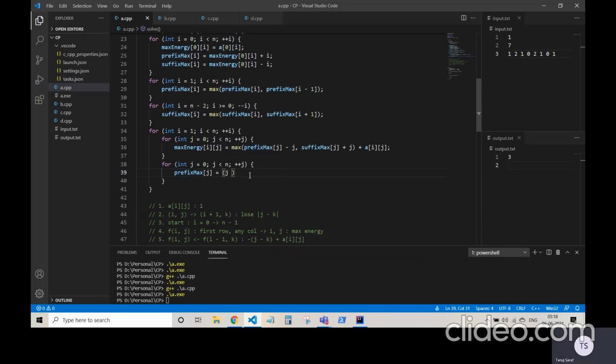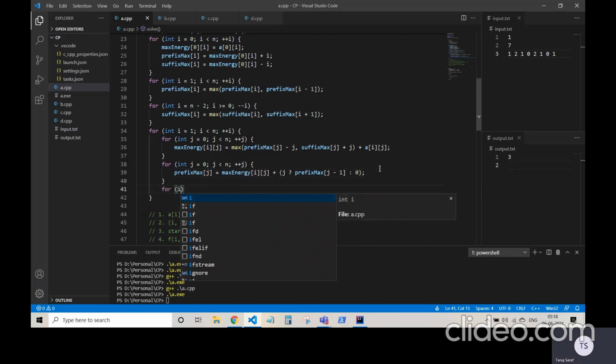So if j is greater than 0, then this should be a prefix max of j minus 1, otherwise 0, and we would be adding max energy of ij to this, right?